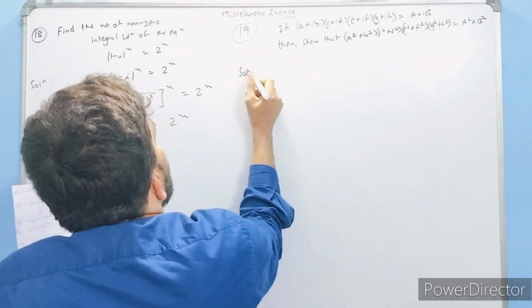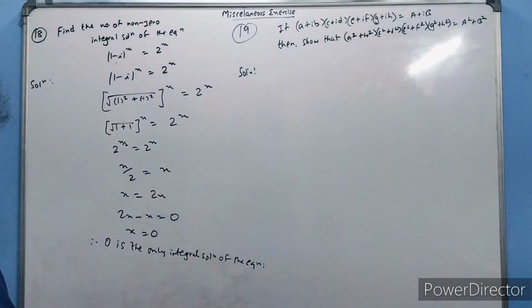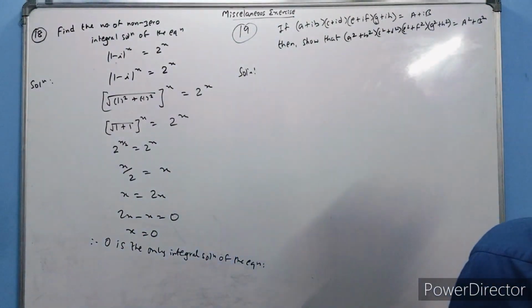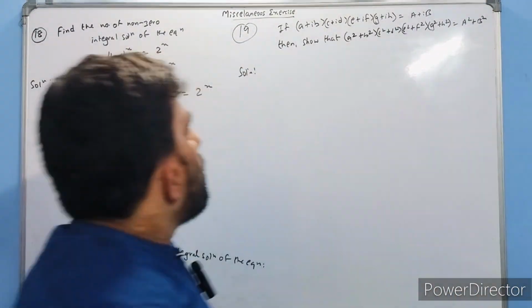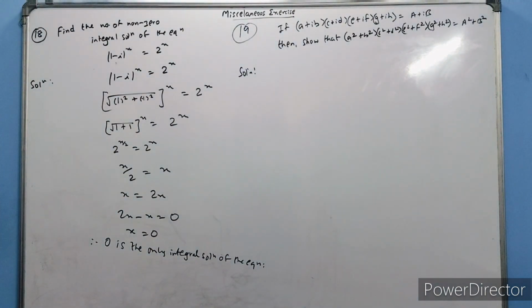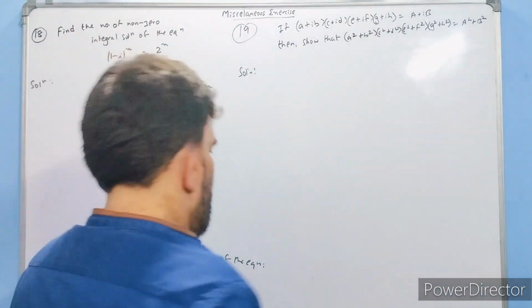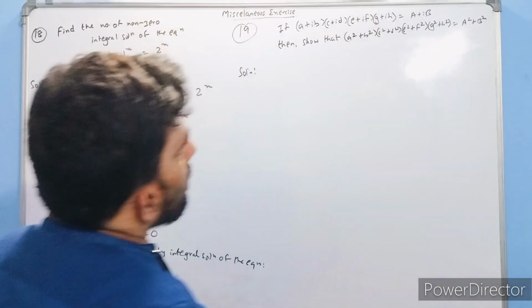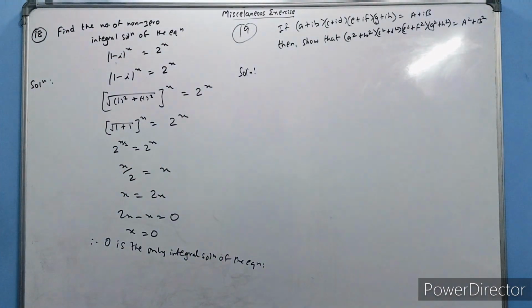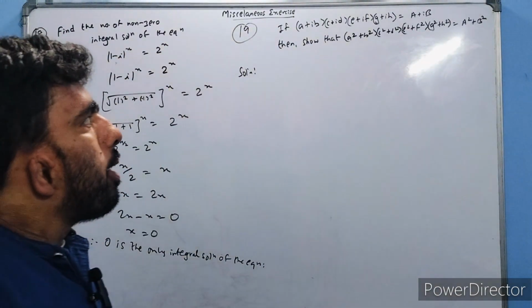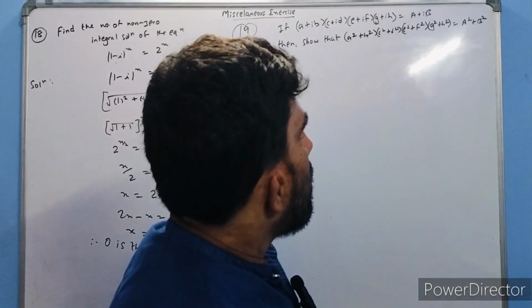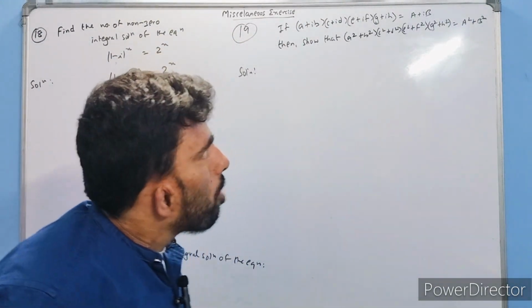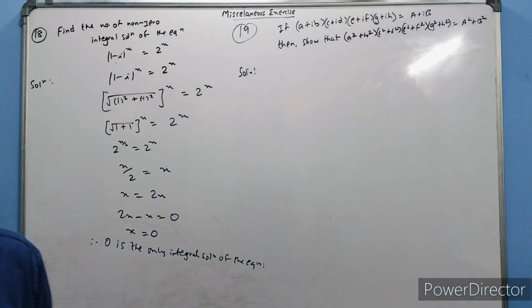Okay, so they have given the question here. Let us see how we are able to solve this: if (a + ib)(c + id)(e + if)(g + ih) = A + iB, then show that (a² + b²)(c² + d²)(e² + f²)(g² + h²) = A² + B².